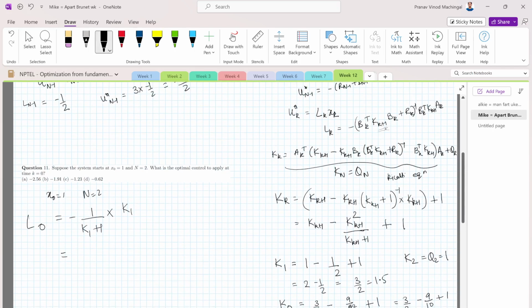Because LK is dependent on capital K subscript K plus 1, if I'm not wrong. So then what do we have?